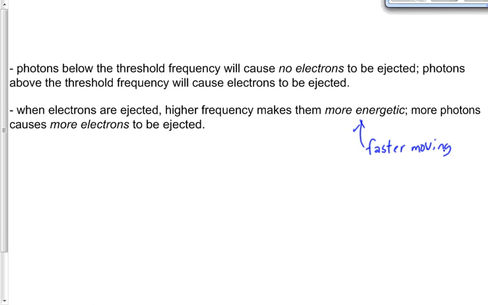A couple more terms. We talked about threshold frequency. I'm going to put these at the top. Threshold frequency, work function. We've already addressed those. Another one, stopping potential. Now, this one might seem a little bit odd right now, but just listen carefully for a second and bear with me.